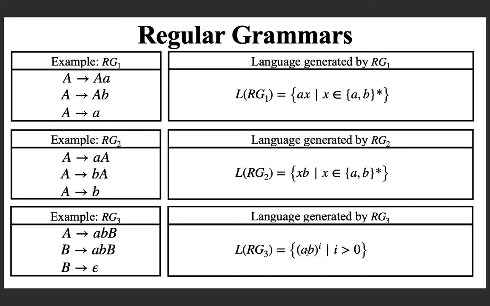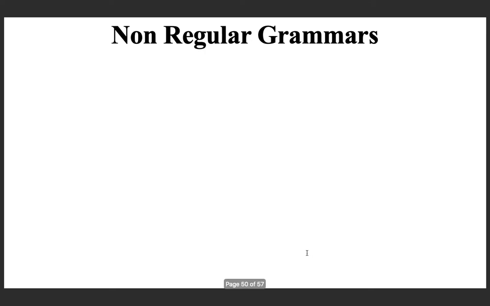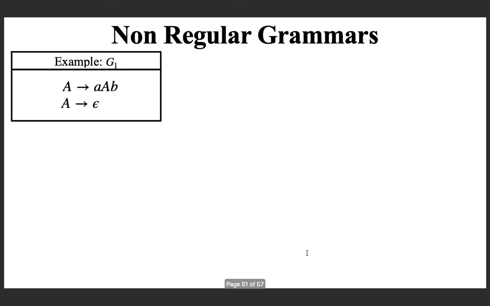Now before we wind up, let us look at some example non-regular grammars. Okay, we can see why and when a grammar is non-regular. First example, this is a non-regular grammar. Can you see why?